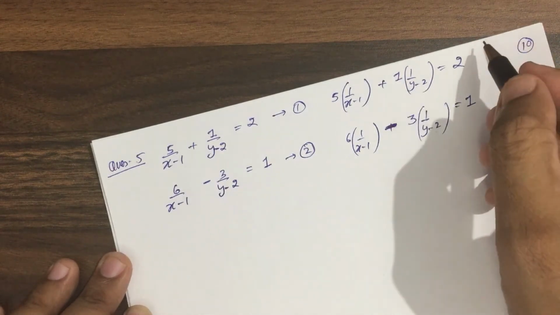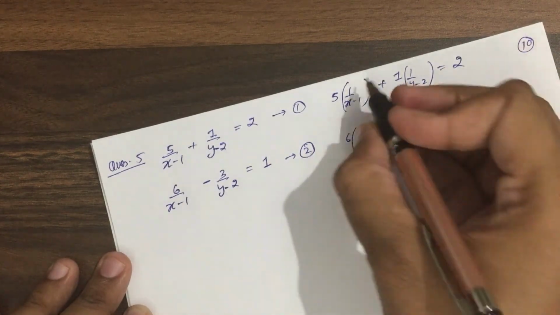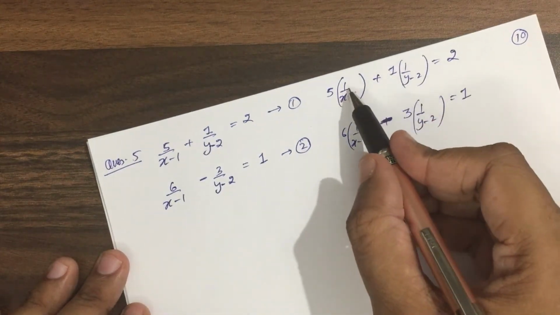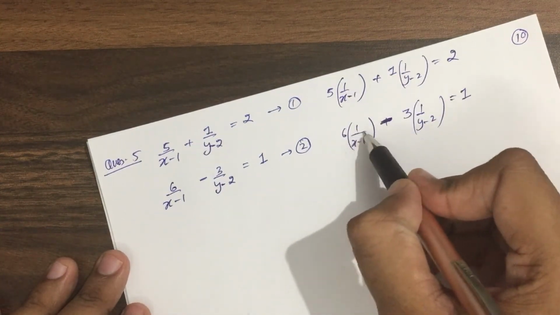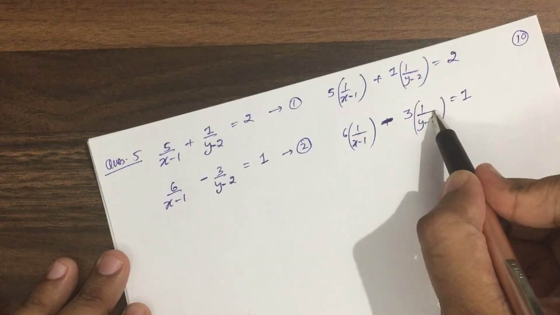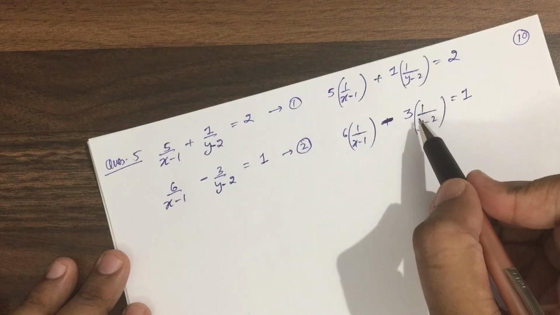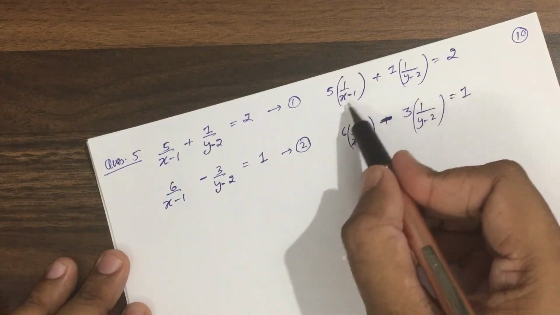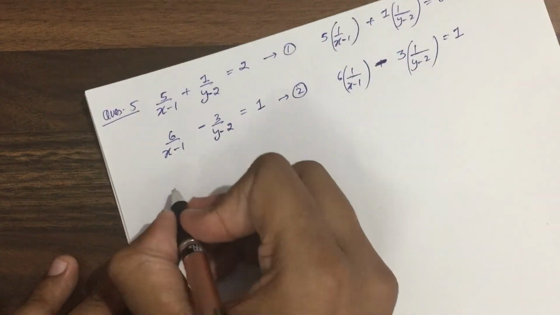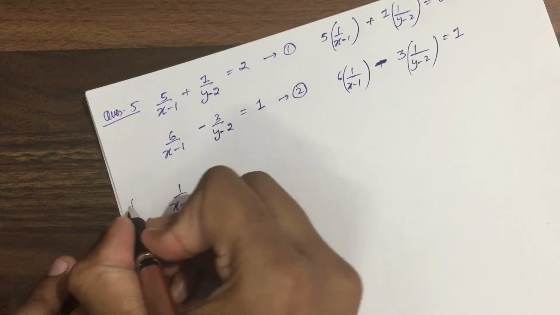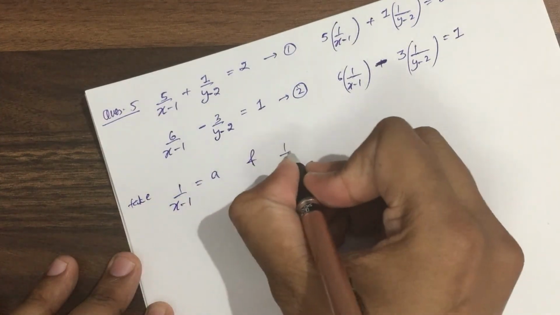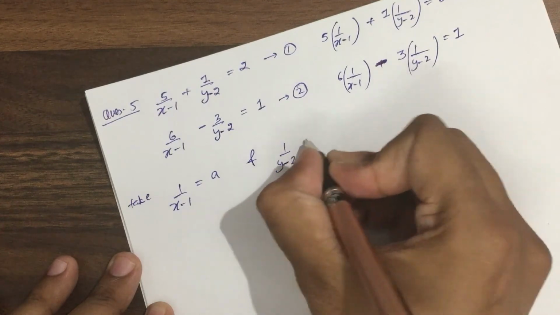So instead of taking 1 upon x equal to a and 1 upon y equal to b, look here: here also there is 1 upon x minus 1, here also 1 upon x minus 1, here also 1 upon y minus 2, here also 1 upon y minus 2. So instead of 1 upon x and 1 upon y, we will take 1 upon x minus 1 equal to a and 1 upon y minus 2 equal to b.